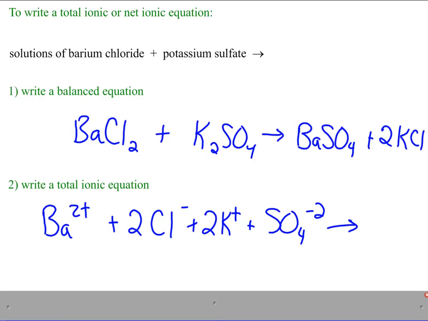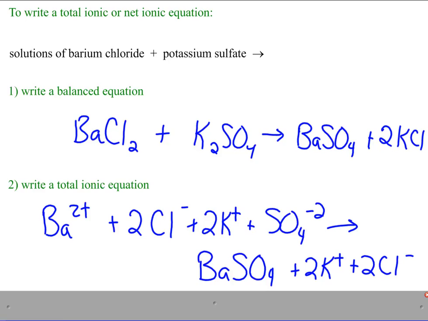My products are barium sulfate and potassium chloride. From our solubility tables, which we'll be getting to, we find that barium sulfate is an insoluble salt. Since it doesn't dissolve, we're going to write it as a compound, so we write it as barium sulfate. Potassium chloride is soluble, so we'll write it again as two potassium ions and two chloride ions. So there's our total ionic equation.